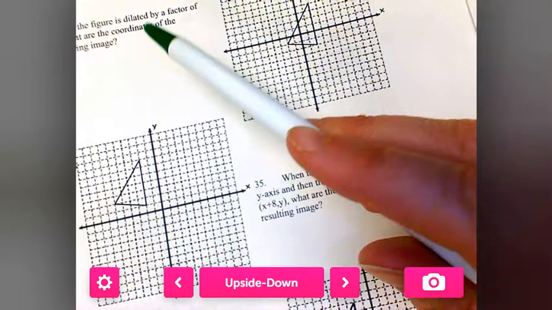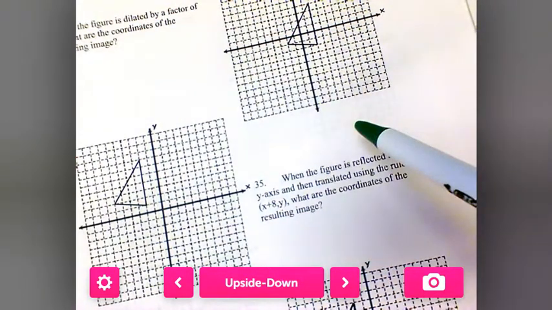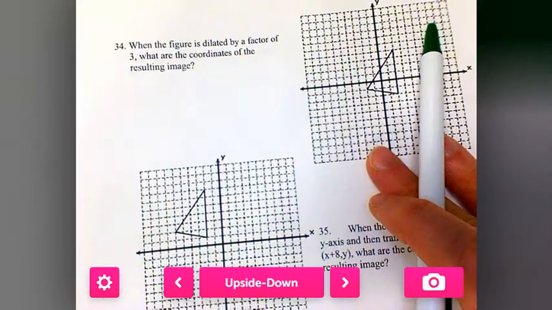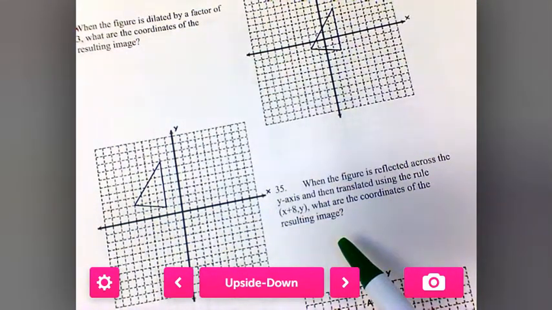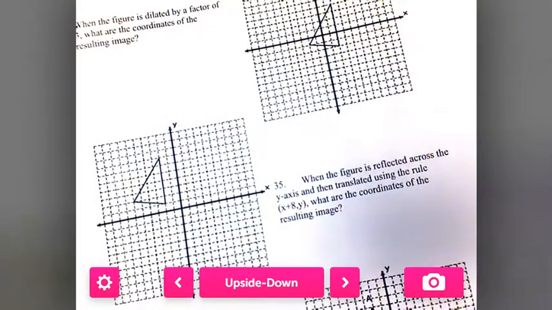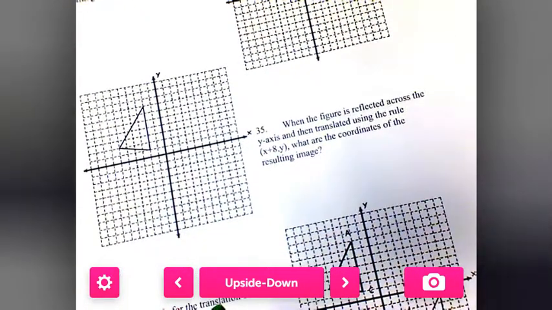Remember, we times that 3 by both points. 35, we're okay with translating it and reflecting it. 36, we're okay.